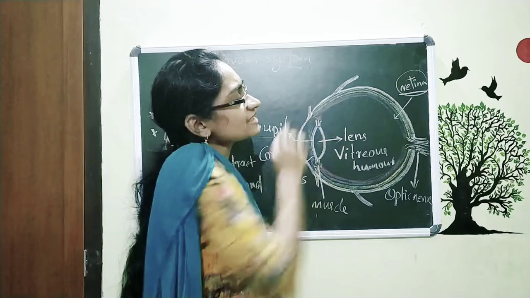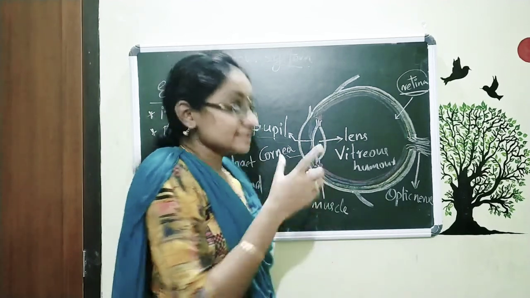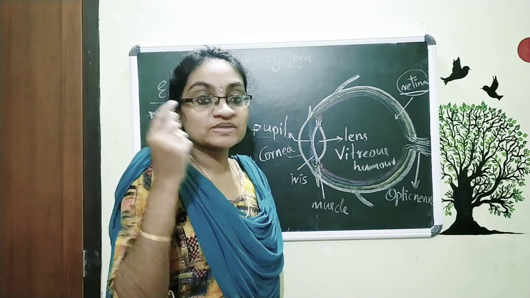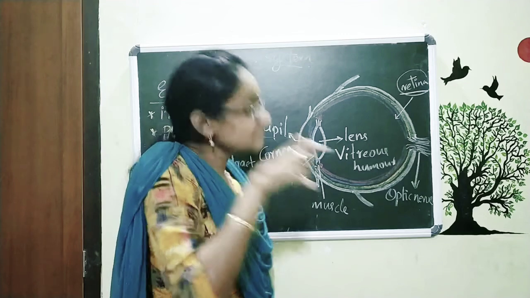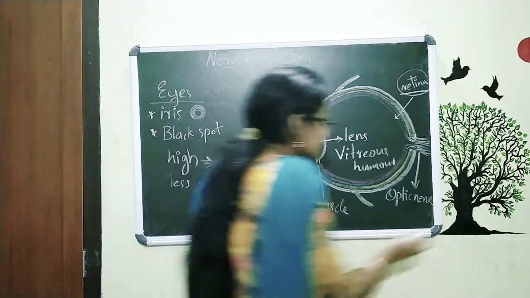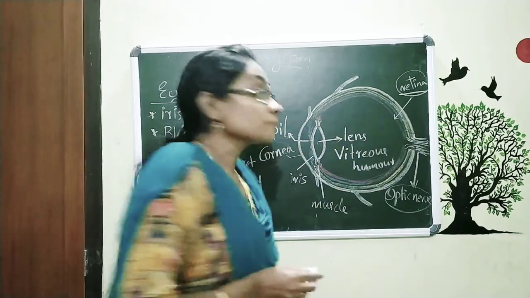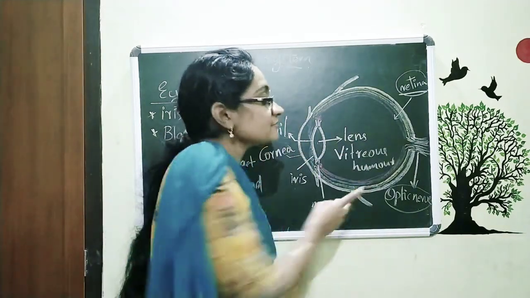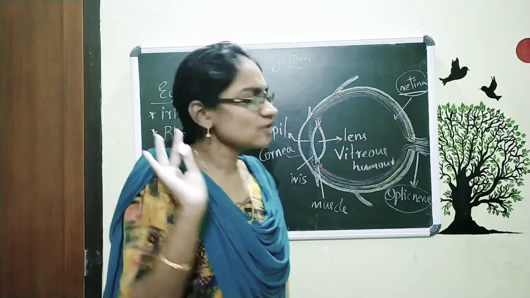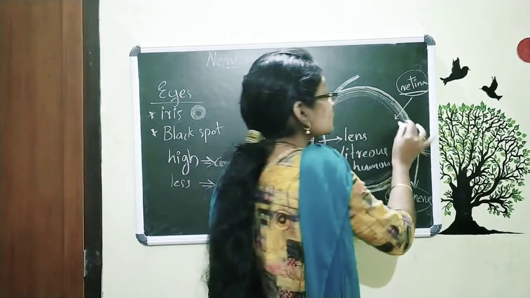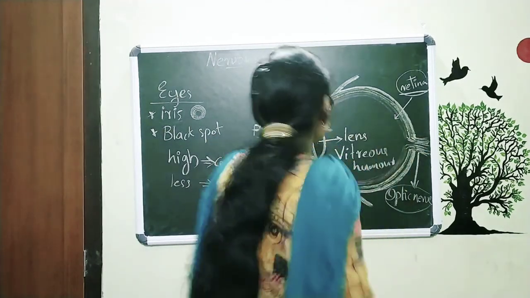These messages are sent through certain nerves, and they are called optic nerves. That means the nerves present in our eye, the optic nerves, are connected to our retina.